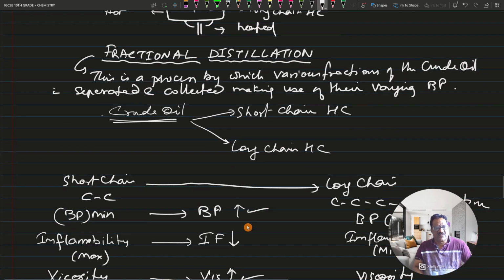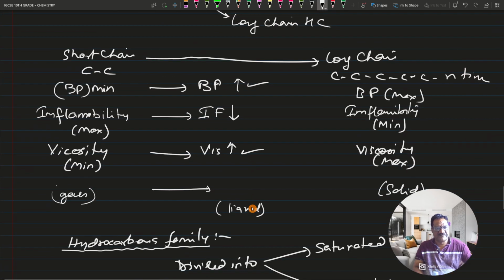Then what are short chain and long chain hydrocarbons, that I have tried to explain, and I explained the trend of the properties. Boiling point will increase as you go from shorter carbon length to longer carbon length. Flammability will be decreasing, viscosity will be increasing, and the short carbon chain hydrocarbons will be gaseous in nature, and as the chain length goes on increasing, it will become liquid and then solid.